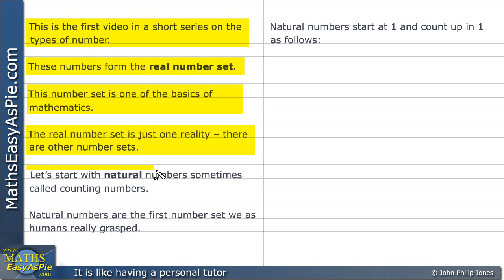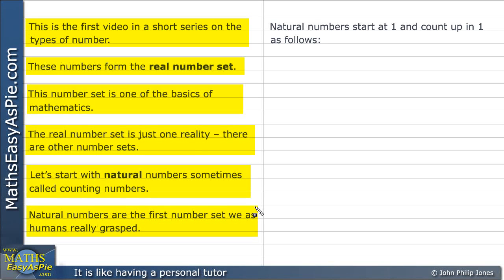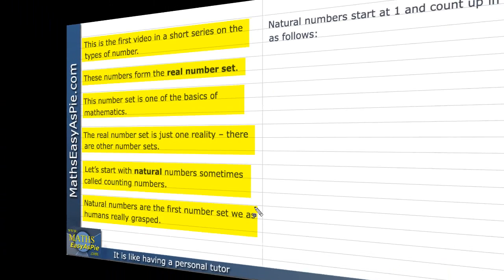So let's start with what is often described as the natural numbers, and sometimes we call them counting numbers. Natural numbers are the first number set we as humans really grasp. We use them for a particular purpose, and we'll have a look at what that purpose is in a moment, and we can see how numbers first started in the history of the human race.